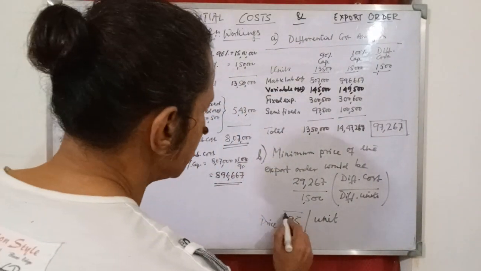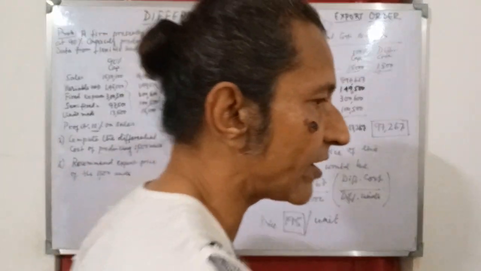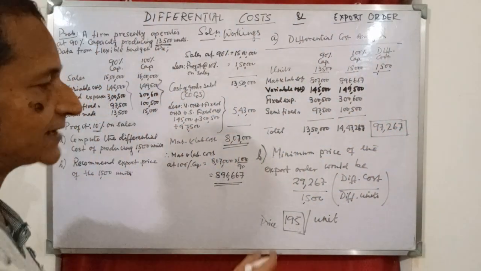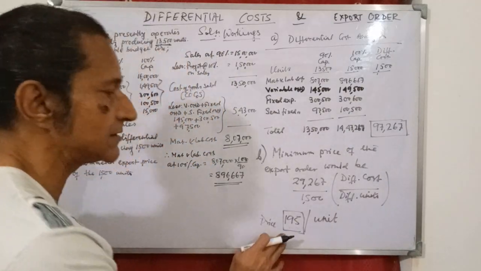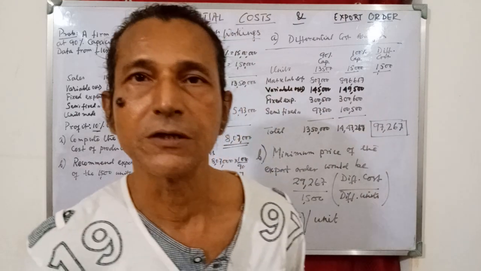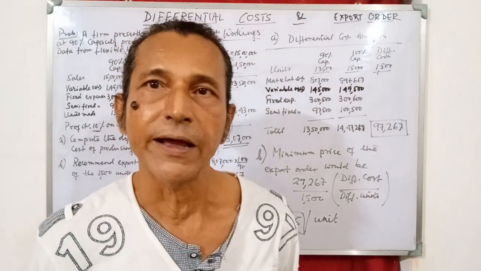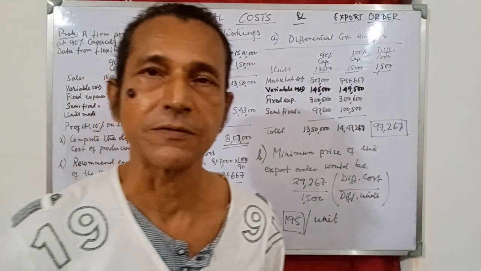So this is the minimum price that the firm may quote if the firm accepts that export order. Because by accepting the export order by charging this price, the firm is neither earning any profit nor incurring any loss. But the firm can make the production by utilizing the idle capacity.